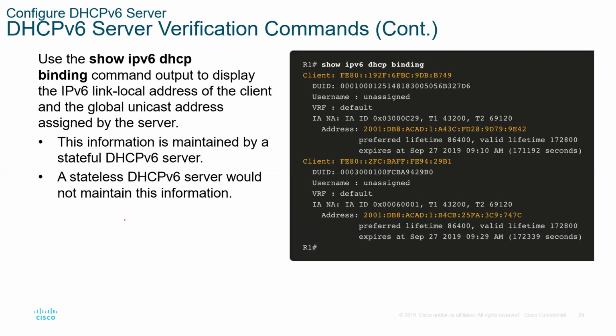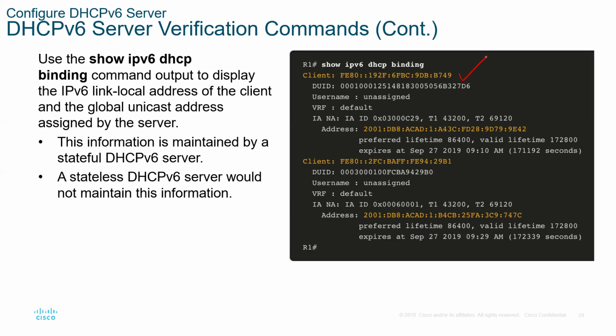Where are the addresses? I don't see them. Username unassigned. Right. This one displays the IPv6 link local addresses of the client and the GUA addresses assigned by the server. This information is maintained by a stateful DHCP server; a stateless DHCP server would not maintain this information.